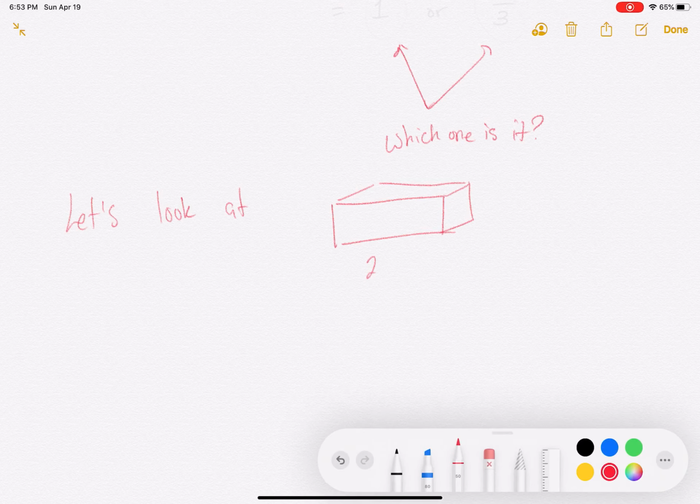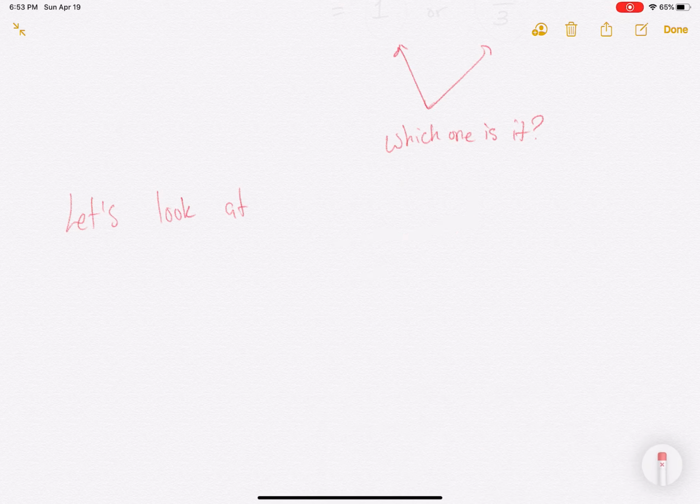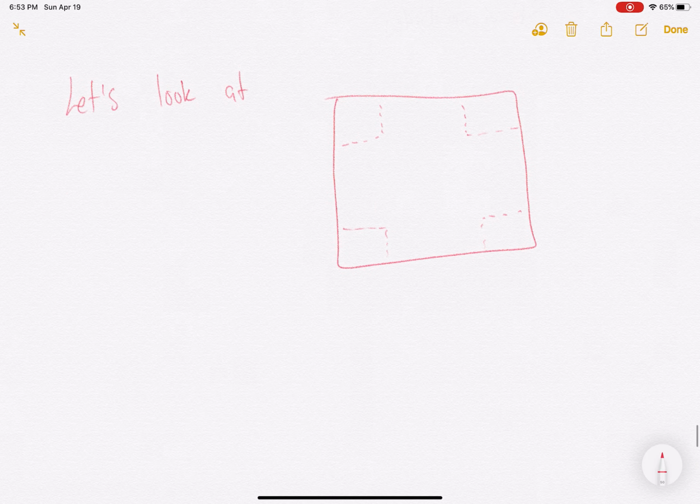Well, let's not do that box, let's do the big box. This was x. This was 2. That made this 2 minus 2x.